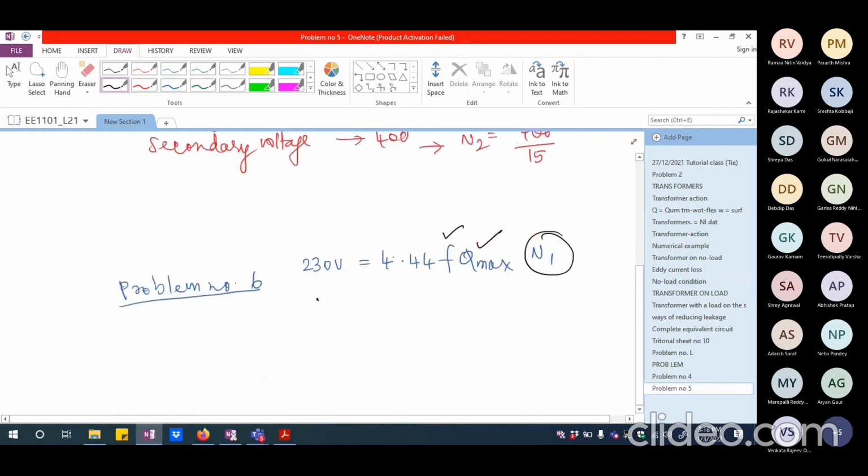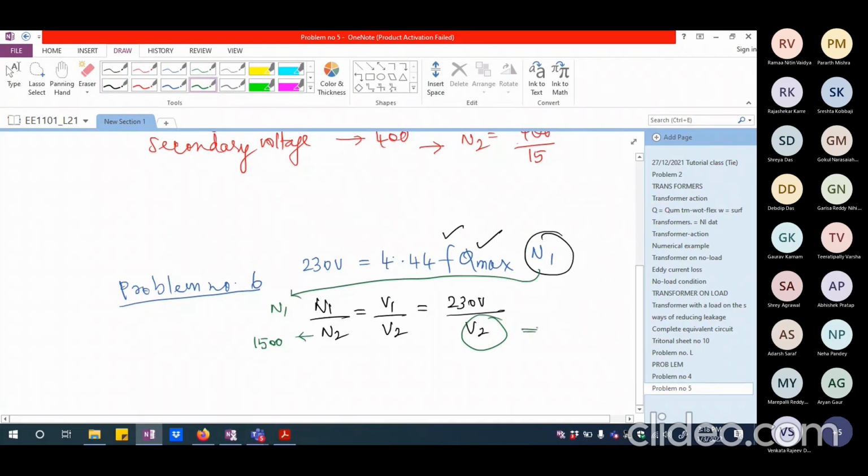And if you have N1 and N2, you can say N1 divided by N2 equal to V1 divided by V2, which is actually 230 volts divided by V2. So you should be able to get what is V2 because N2 is given as 1500 and N1 is already calculated from here. So you should be able to get what is V2.